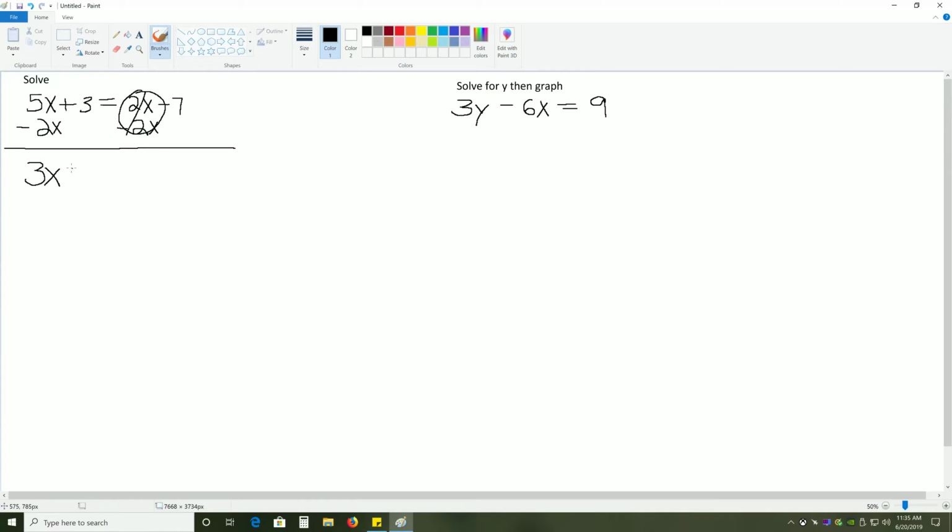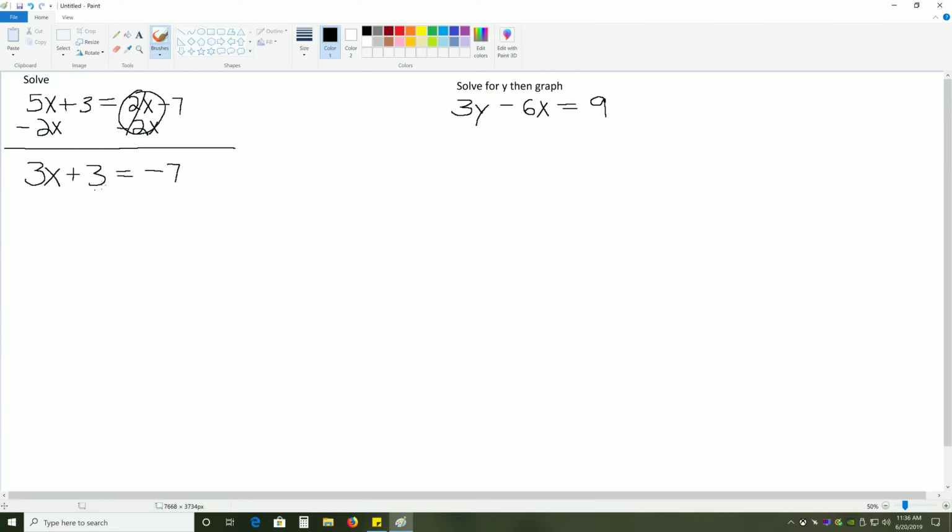Then we still have this plus 3, and that is all equal to this negative 7 that we started with. From here, we now need to get the x alone, and the way that we handle that is to take care of any addition or subtraction.